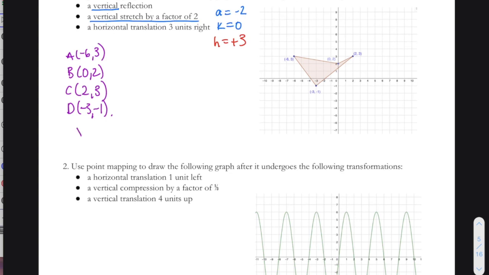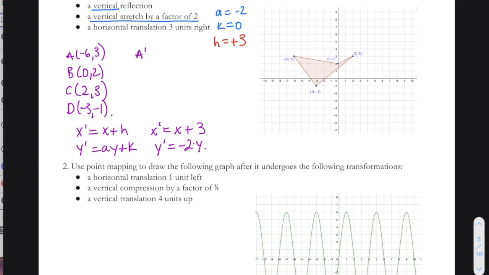We know all of our new x values are going to be x plus h, and all of our new y values are going to be a times y plus k. So our x values are going to be x plus 3, and all of our y values are going to be -2 times y.